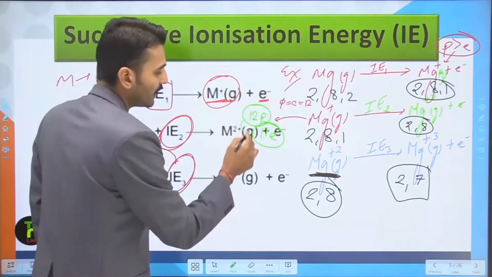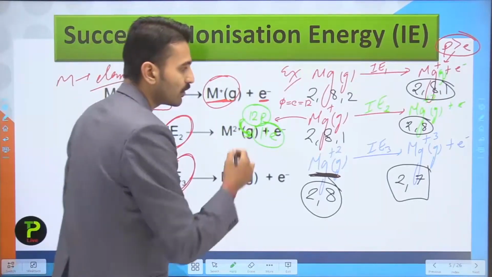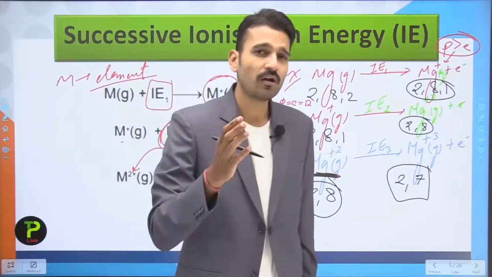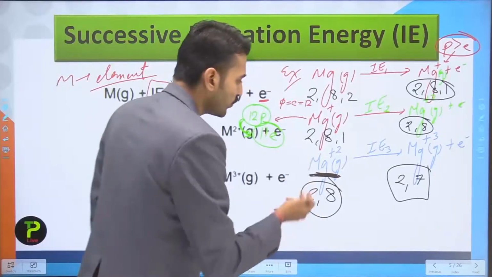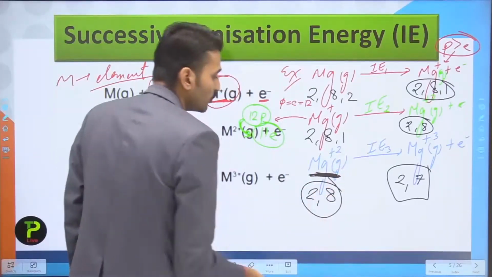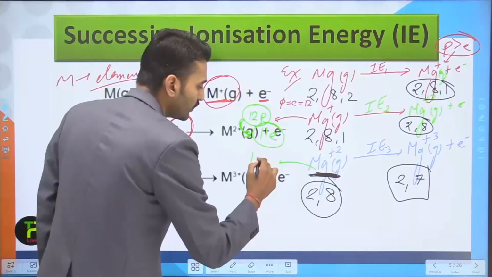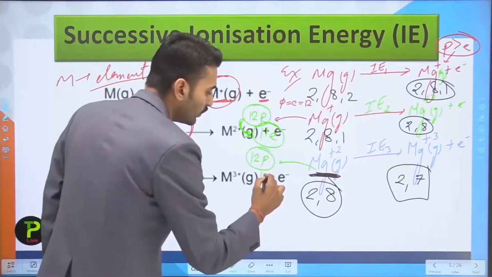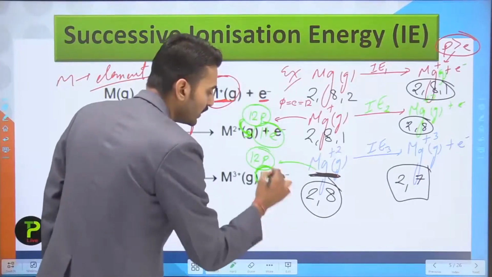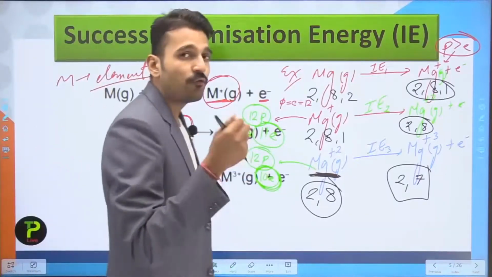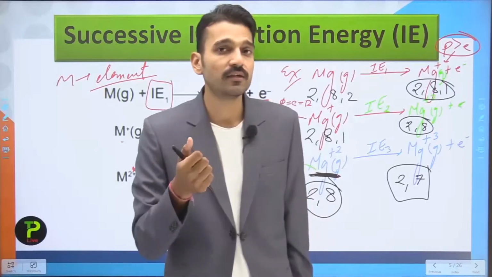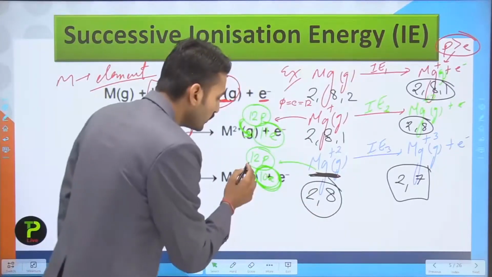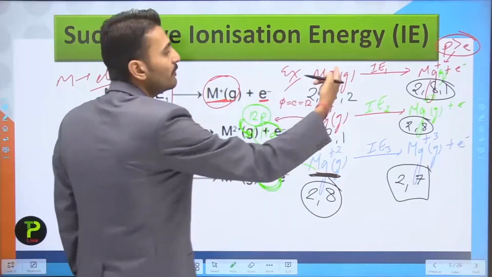So the force of attraction between the 12 protons and 11 electrons is higher than in the case of the magnesium atom. Also in the case of Mg plus 2, it contains 12 protons while only 10 electrons. So here the nuclear force of attraction between the protons and the electrons is the highest of all these three cases.